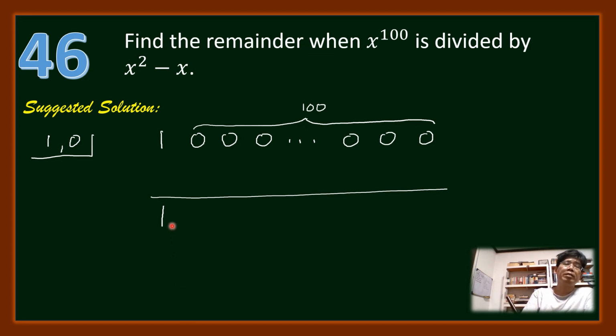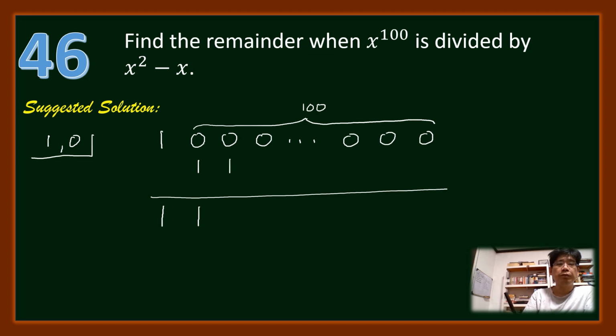We multiply this by the first divisor, that is 1 times 1, we have 1. Then add, this will be 1. The sum is to be multiplied again by the first divisor, 1 times 1, that is 1.